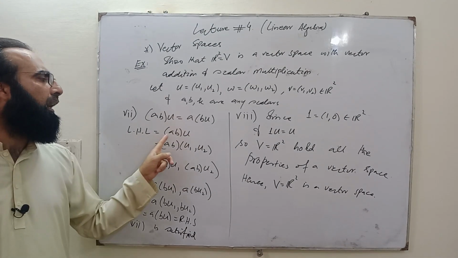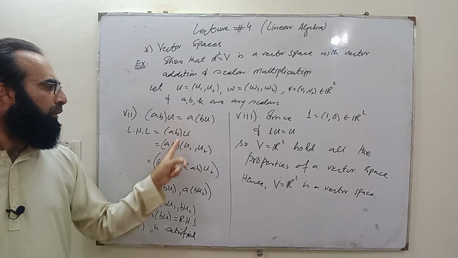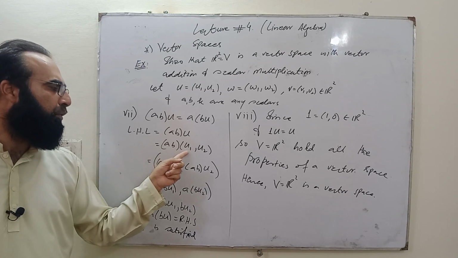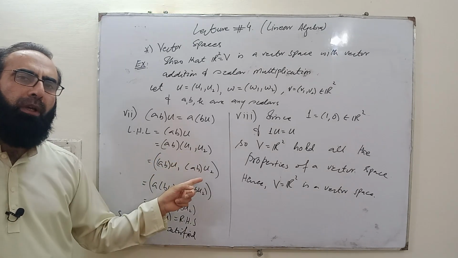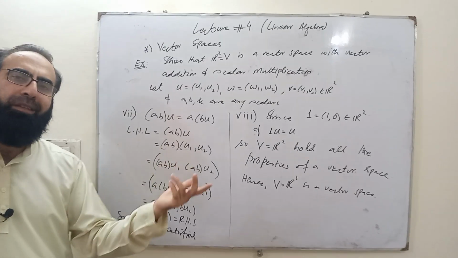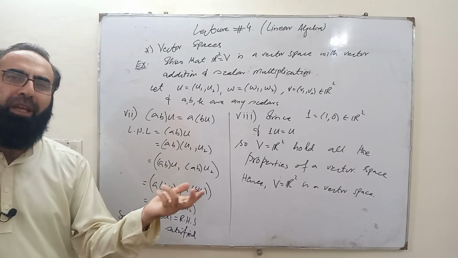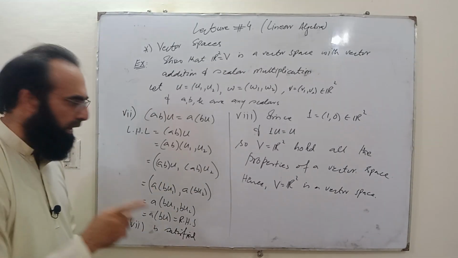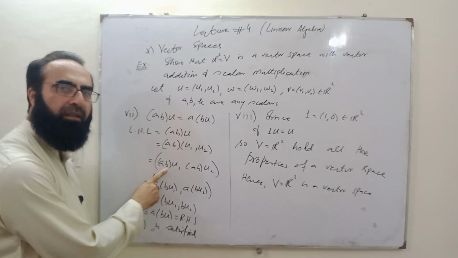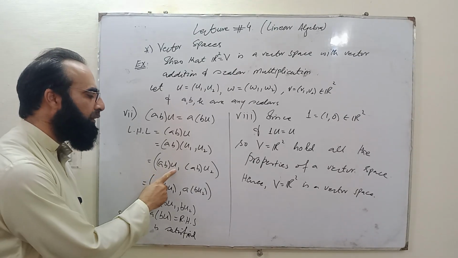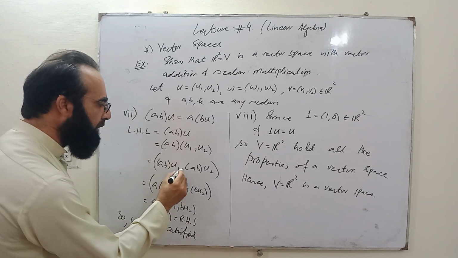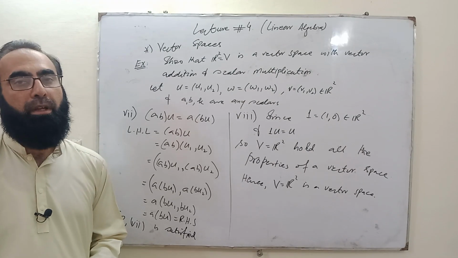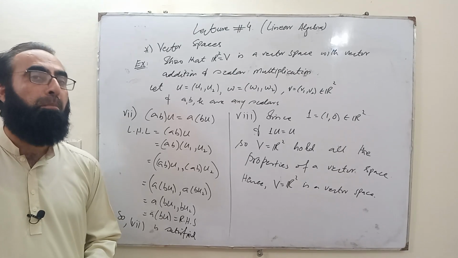Take left side, (ab) times u vector. U vector is basically u1, u2. Now multiply this ab with u1 and u2. Since we know that a and b are scalars, the product of a and b will also be a scalar. Now look at these components. We know that a is a scalar, b is a scalar, meaning real numbers, and u1 and u2 are also real numbers, and real numbers hold the associative property with respect to multiplication.